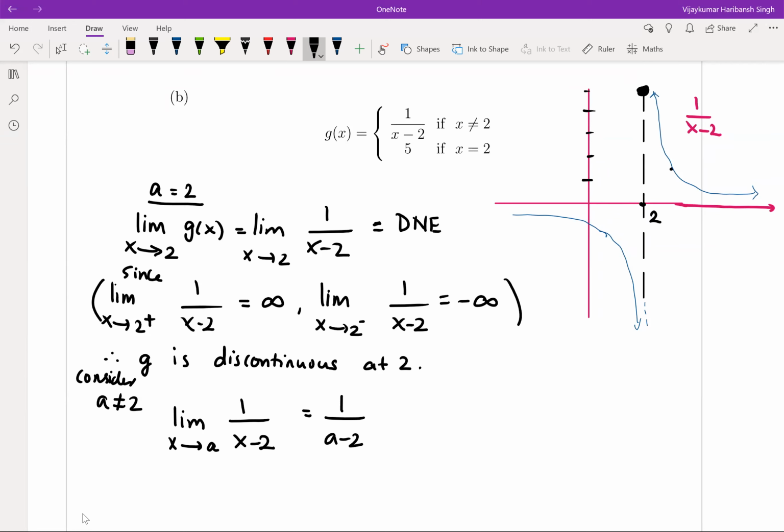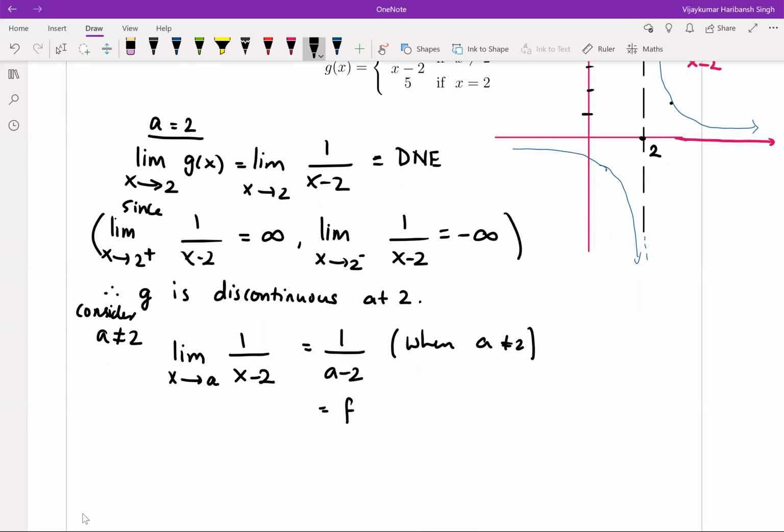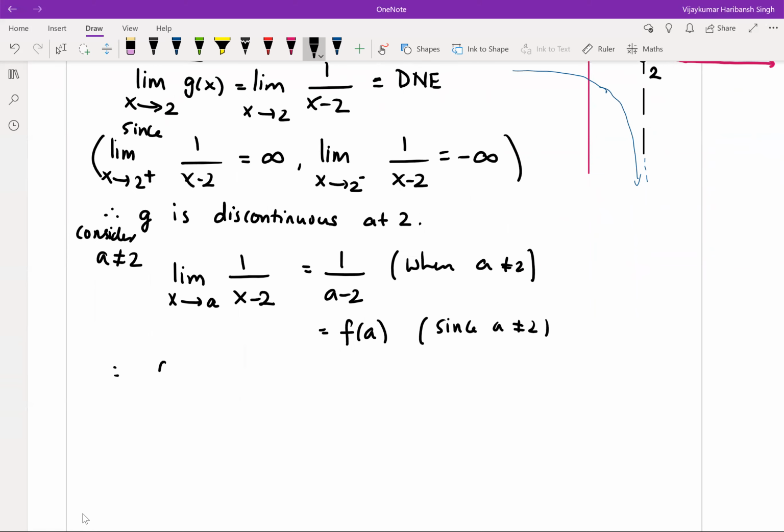So it's equivalent to substituting the value when a is not 2. But this is the same as f of a, right? Because that's the definition of f when a is not 2. So therefore, f is continuous everywhere else. Everywhere else means everywhere outside 2.